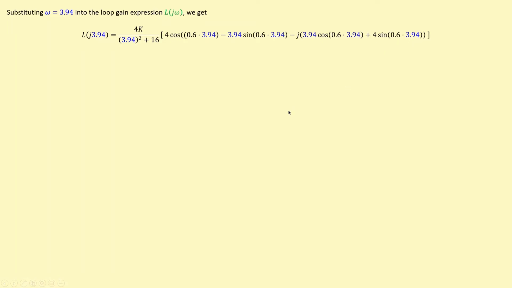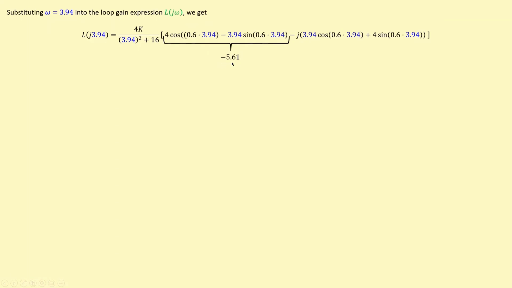When I calculated the loop gain phase of minus 180 degrees, I made the imaginary part equal to 0. And what I also want is the magnitude of that loop transfer function equal to 1, such that I can determine how far I can go with my gain.